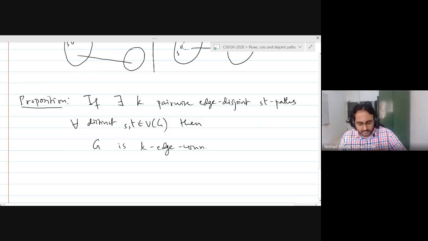Okay, so this is actually the easy direction of a theorem I'm about to state.